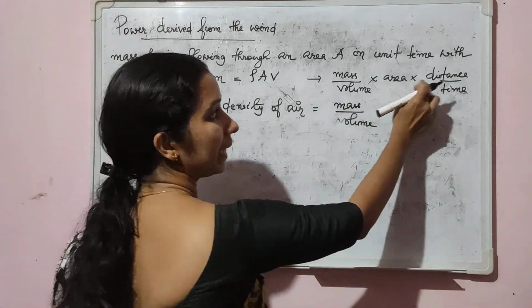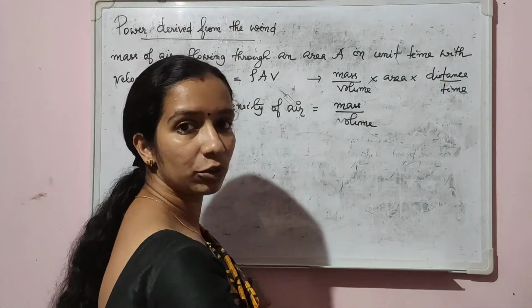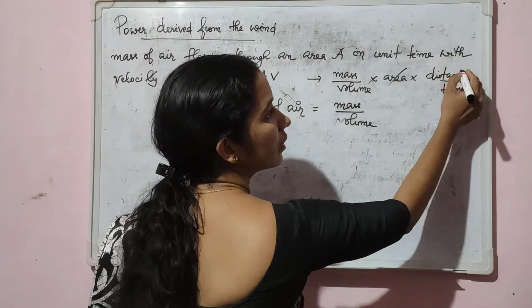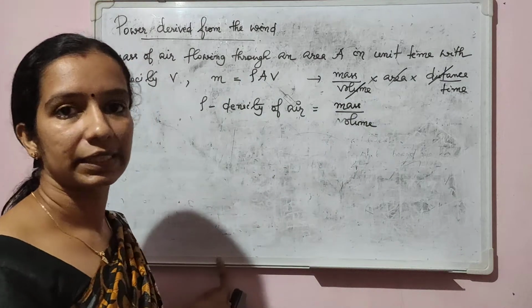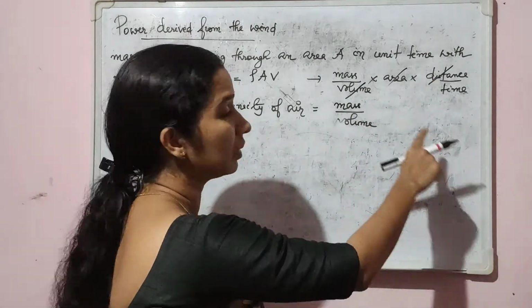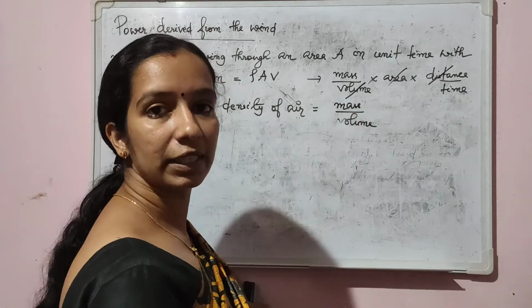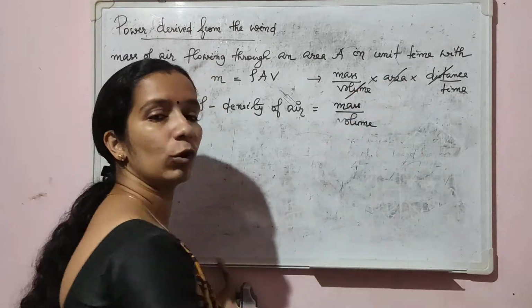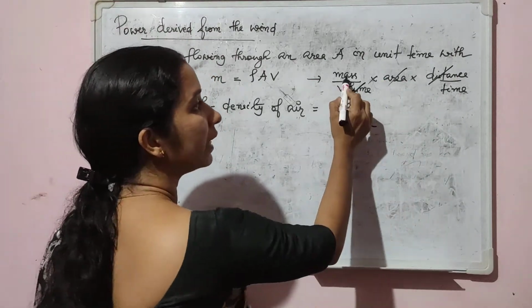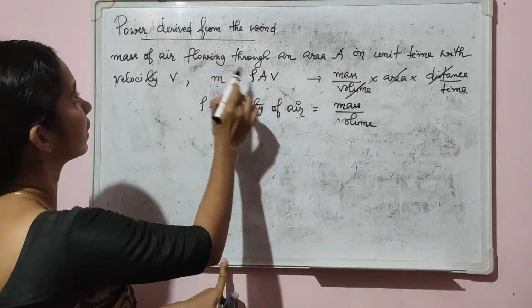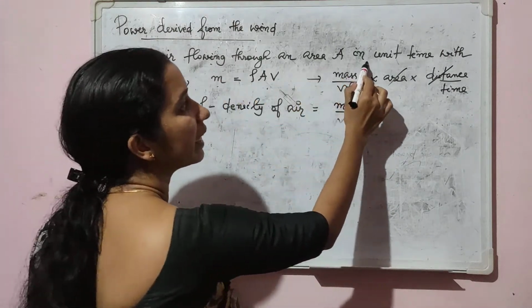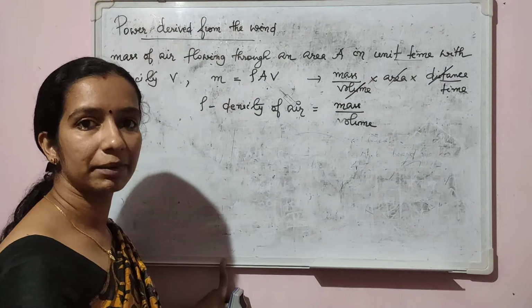Now what is area into distance? Area into distance will give us the volume. So this term is volume, and volume and volume get cancelled. Area into distance is volume, and here also volume is there in the denominator, so they get cancelled. What remains is mass divided by time. That is what we have written here: mass of air flowing through an area A in unit time, mass divided by time.